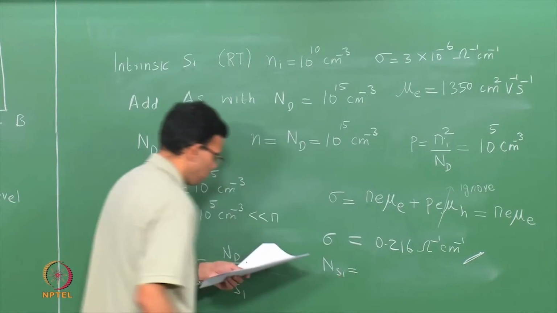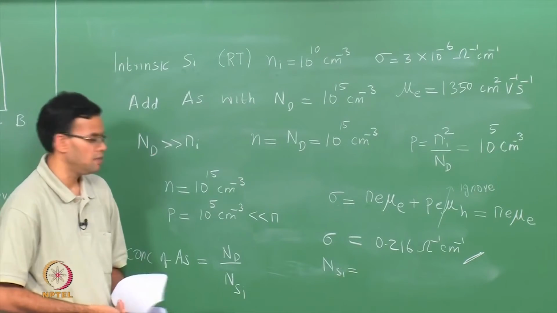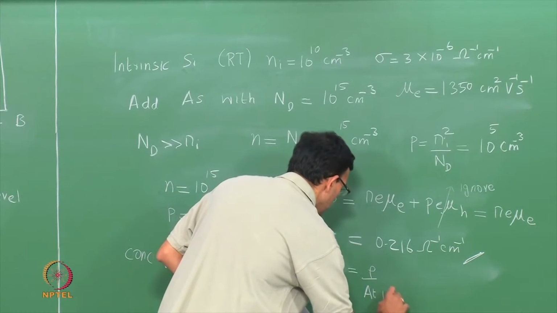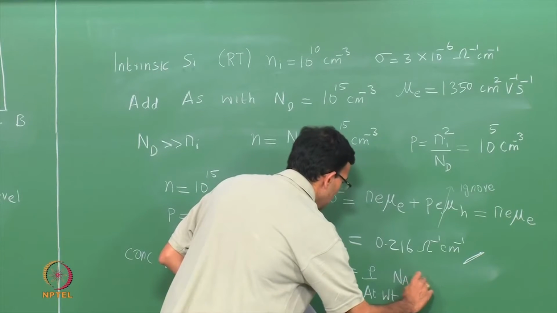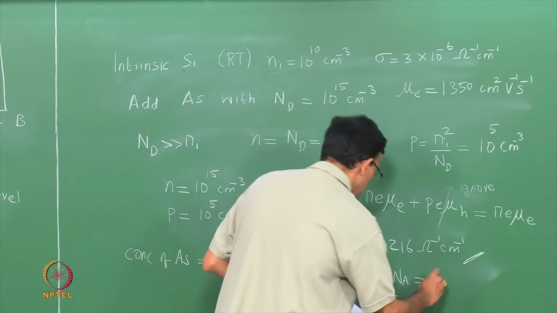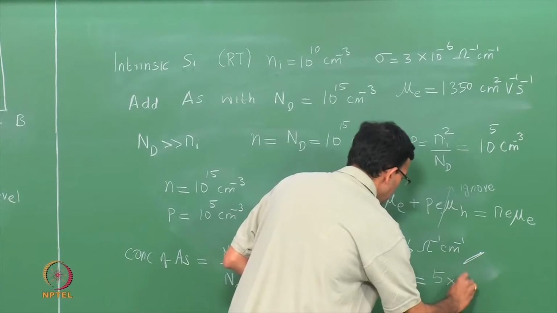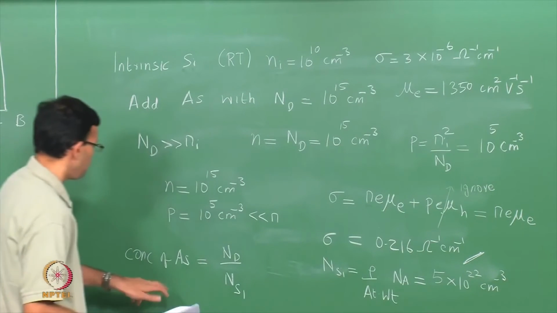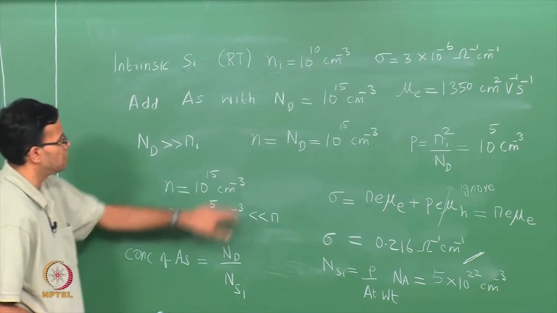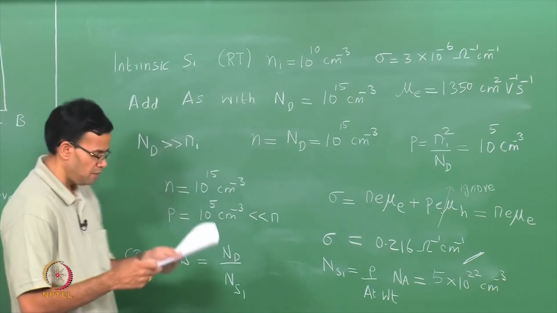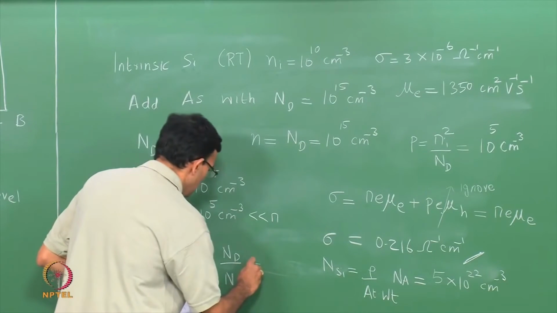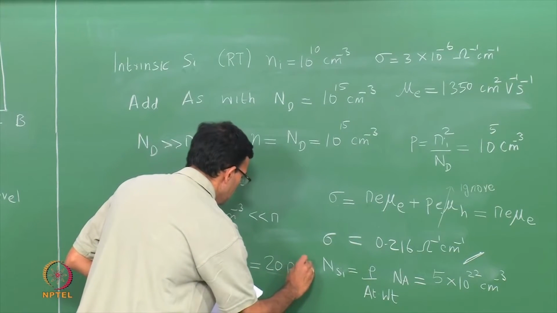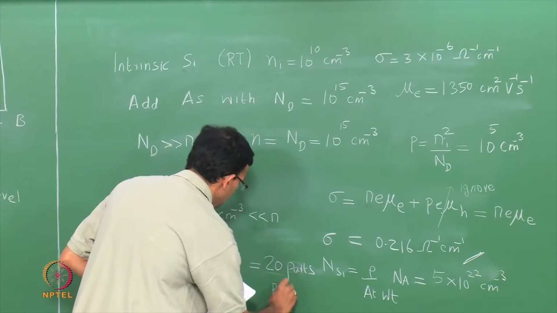Again we have done this before, it is nothing but the density of silicon divided by the atomic weight times the Avogadro number, which is 5 times 10 to the 22 per centimeter cube. So, if you look at the concentration of arsenic, it is 10 to the 15 by 5 times 10 to the 22, which if you do is around 20 parts per billion.